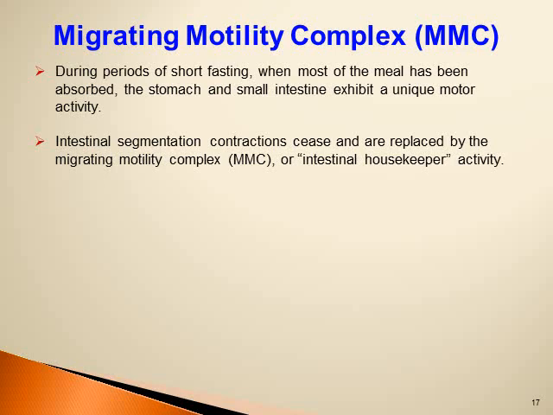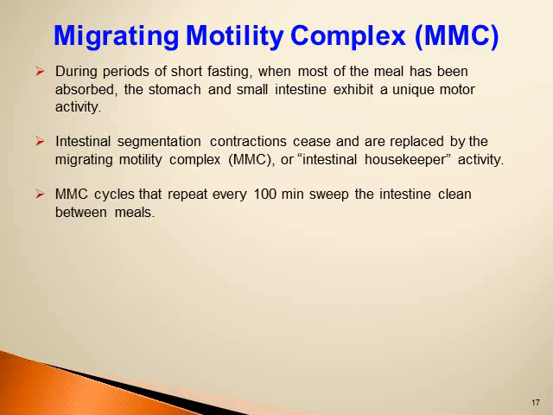Intestinal segmentation contractions will cease between meals, and they will be replaced by the migrating or migratory motility complexes, or we call them the intestinal housekeeper activity, because they will clean the small intestine in preparation for the next meal.